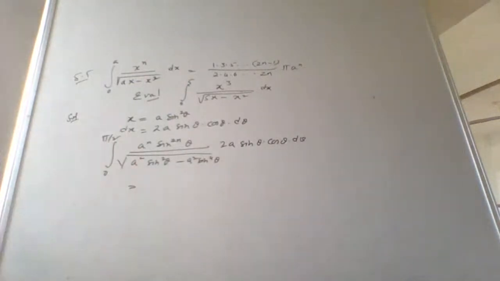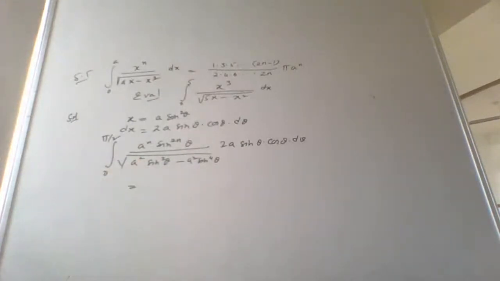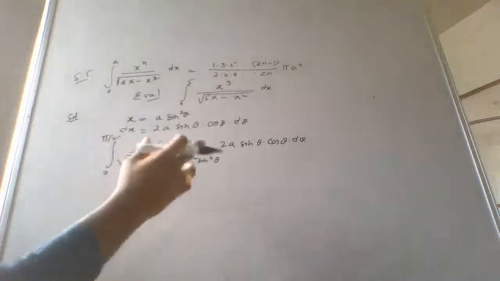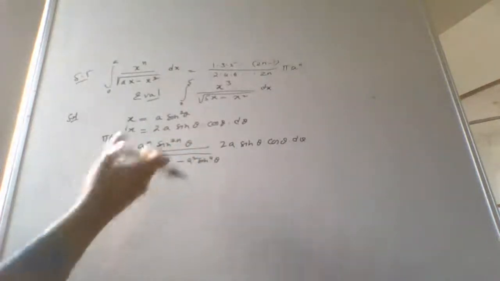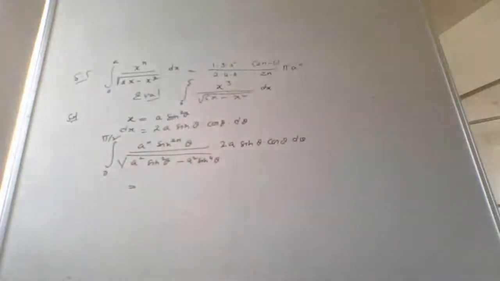Let us try to simplify this further. If I take a sine theta as common, those two get cancelled, and here 1 minus sine square theta is cos square theta, and the square root of that will be cos theta. So I'll be able to cancel cos and cos.